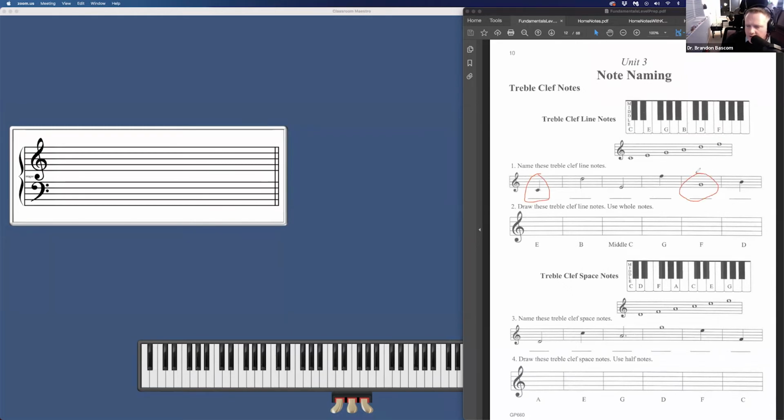That one's a home note. Top space E, step down to get that one. Middle C, skip up. Or G clef G, skip down to get that one. Top space E, step up. G clef G, skip up.